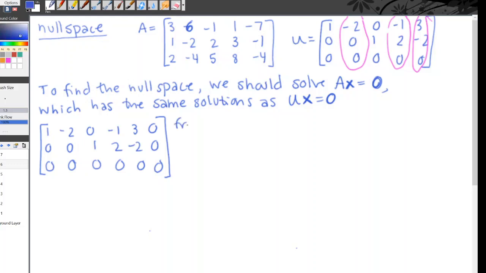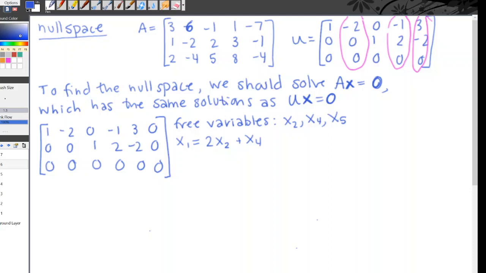So the free variables are going to be x2, x4, and x5. And so if we were to express the first row of the matrix as an equation and solve it for x1, we'd have x1 is equal to 2x2 plus x4. I wrote something down here that I think is wrong.